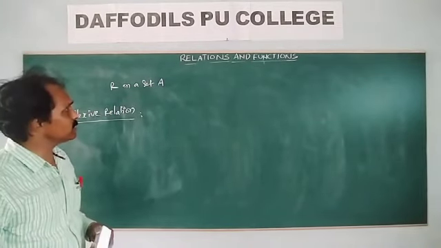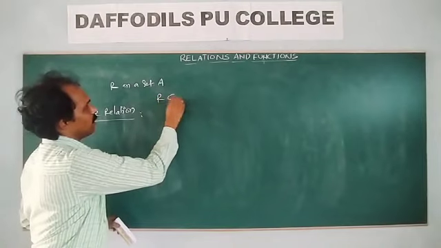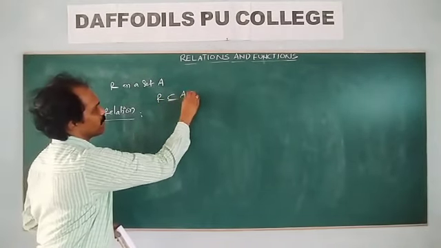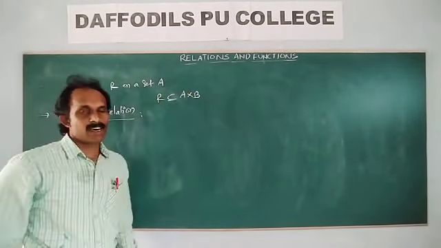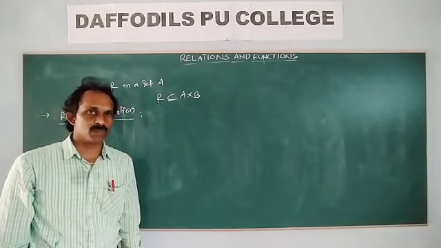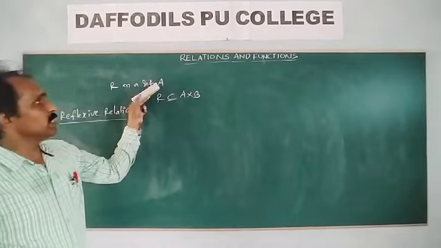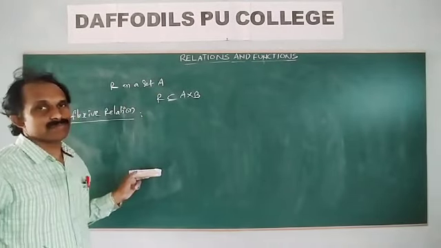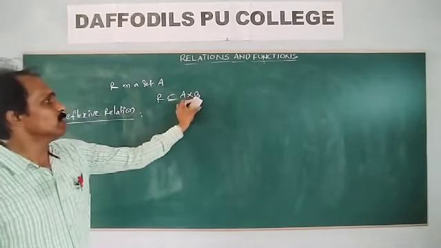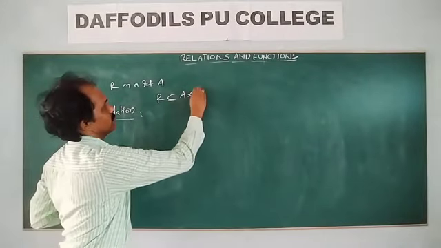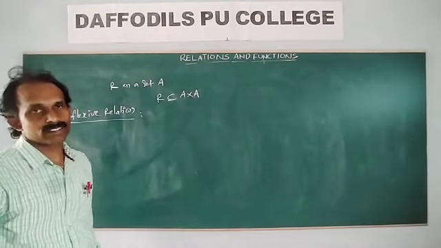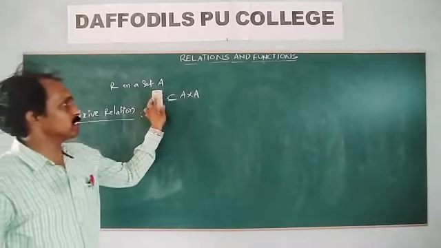Actually, a relation is nothing but R is a subset of A cross B. The relation R on set A means the second set is also the same set, that is A cross A. That is important.